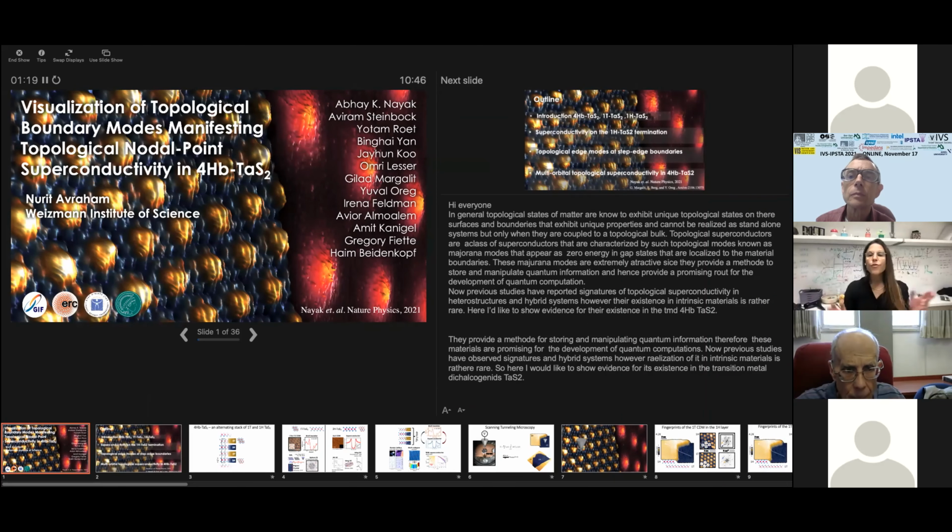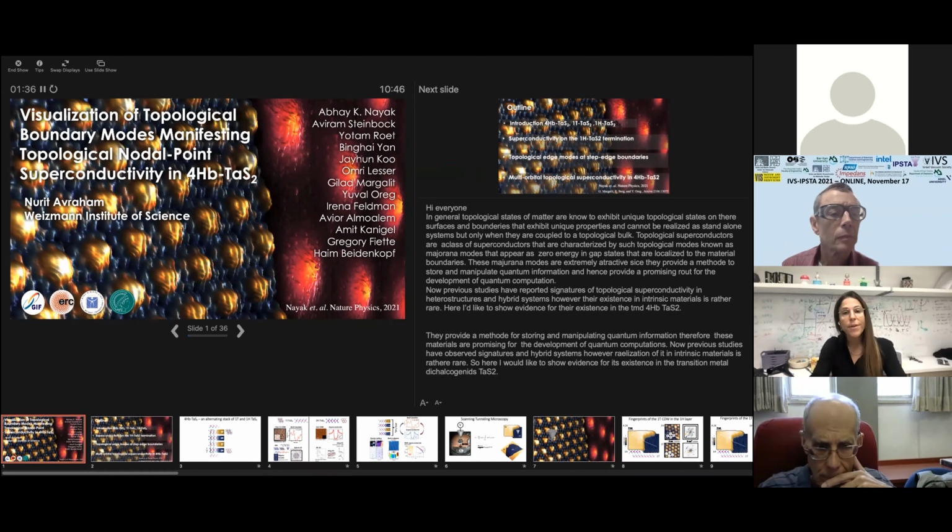A few general words on topological superconductors. In general, topological materials are materials that exhibit unique topological surface states on their material surfaces and boundaries. These states exhibit unique properties, and they cannot be realized as standalone systems, but only when they are coupled to some topological bulk.